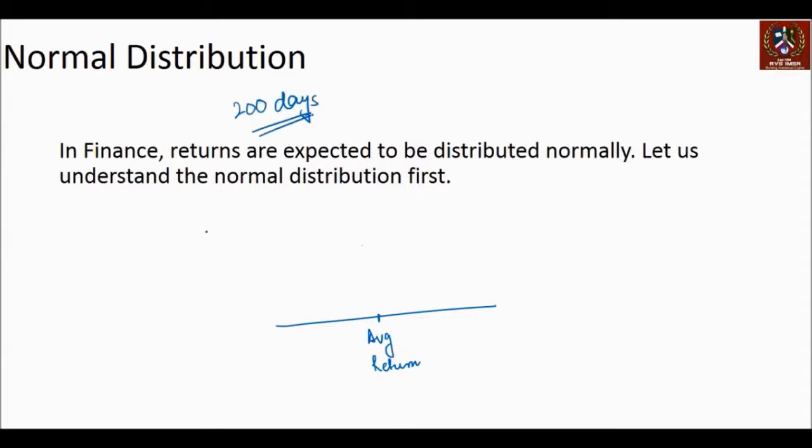And you try and plot where the return number is. Most of the observations will fall around the mean. Then there will be some days when it will be significantly below the average return, and there will be some days where it will be significantly above the average return, right? But most of the days, this would be around the average.